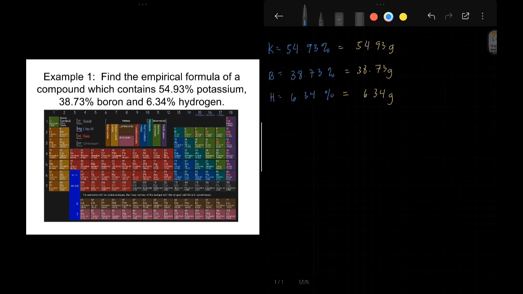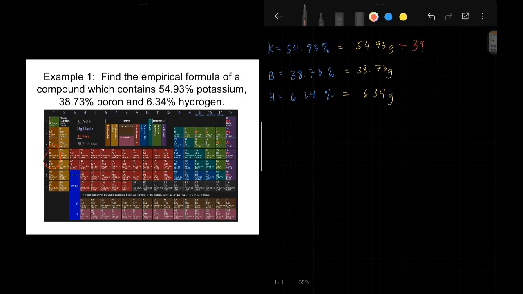Now, we'll be looking for the atomic mass of each element kasi i-divide naman natin siya. Okay? So, we have here potassium, that is 39.098. So, let's divide it by 39. A round off na yan.